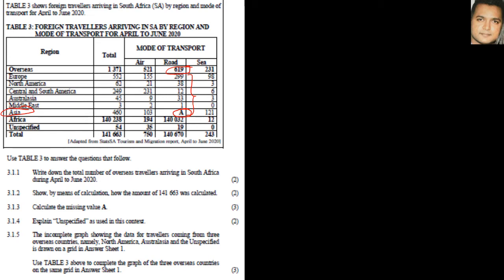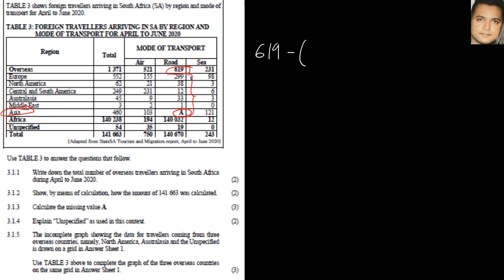So what we're going to do is we can either add those amounts up and subtract from 619 and we'll get our A value, or we can just continue subtracting those amounts and we'll arrive at the final answer, which is A. So let's write our answer. We got 619. We'll minus the first one there. You can see in that column. Okay, let me indicate to you which numbers we are subtracting.